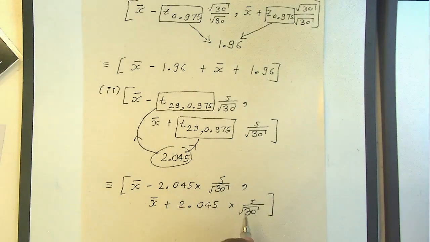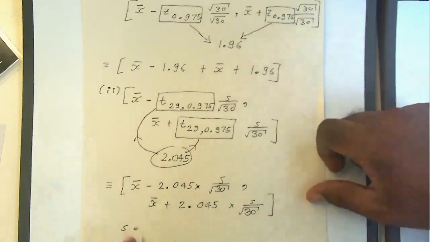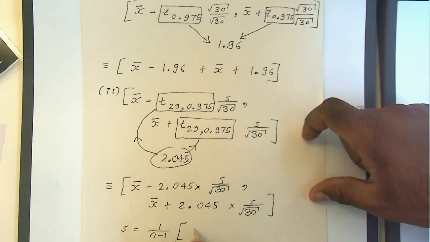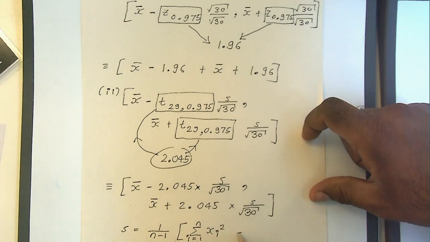Now S is the sample standard deviation. There is a formula for S I gave you some time ago, long time ago maybe. I think it's in the printed notes, which reads something like this: 1 over n minus 1 times the sum. Do you remember this formula?